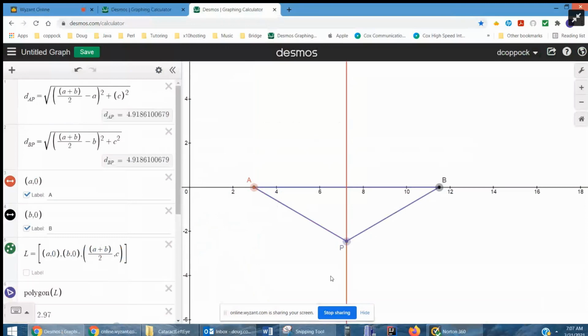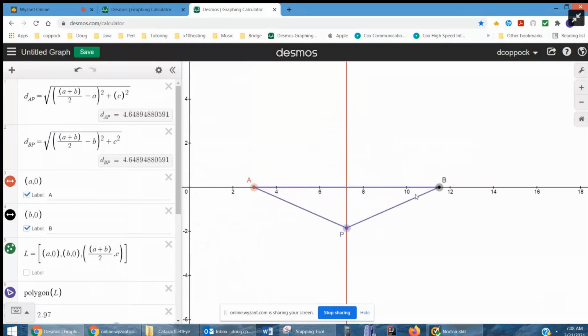I've created this red line as the perpendicular bisector of AB, that is, it passes through the midpoint of AB and it's perpendicular to it. Vertical line is perpendicular to a horizontal line. And as I move P anywhere on that perpendicular bisector, those distances remain the same, even if I'm exactly on the midpoint.